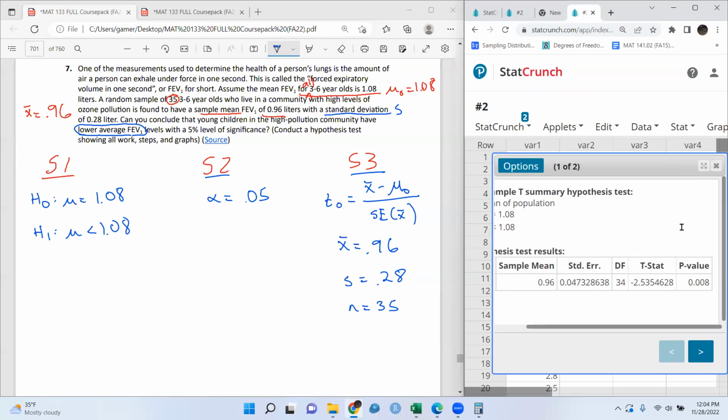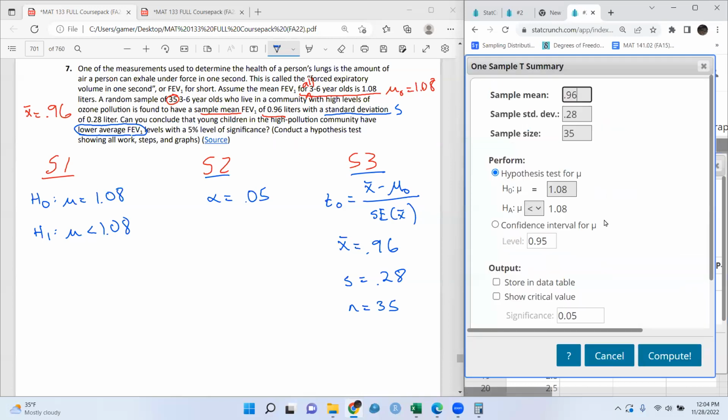Can I ask a question real quick? Most definitely, please. Does P hat equal X bar? No. P hat is a totally different statistic, only used when working with proportions. I got P hat equals 0.96 and you got X bar equals 0.96. That's why I'm wondering.